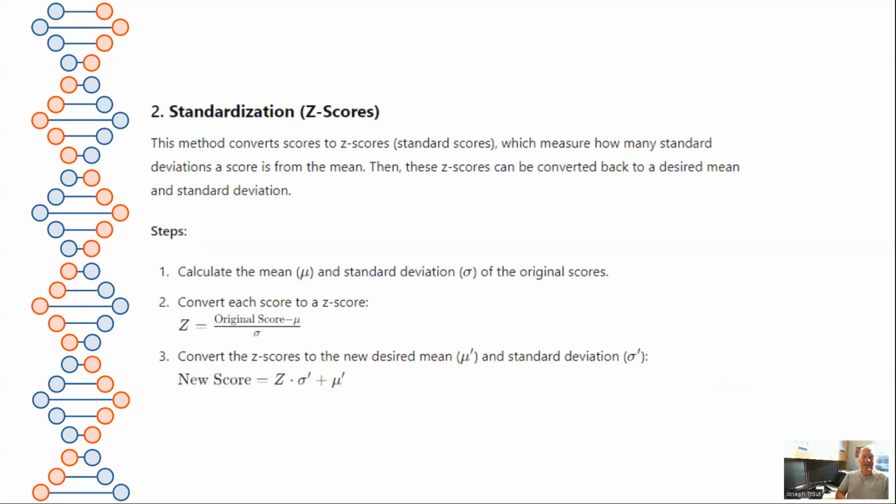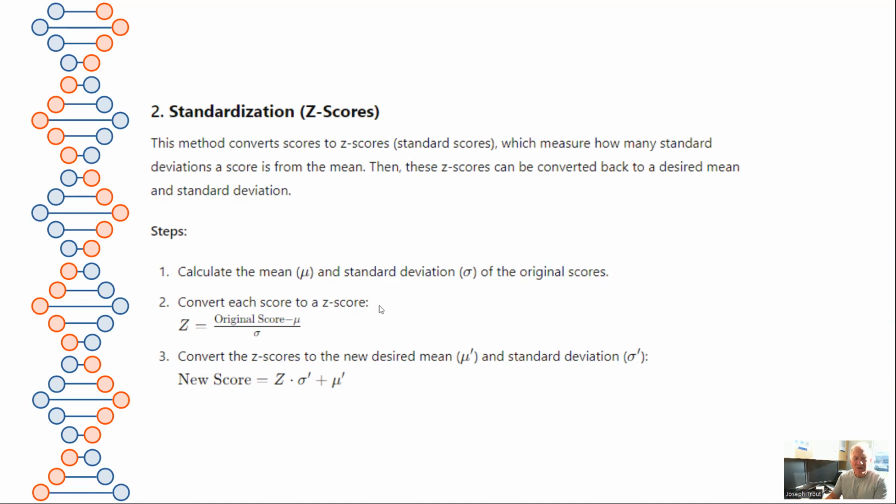There's also standardization, or z-scores. In this method, you convert scores to z-scores, or standard scores, which measure how many standard deviations a score is from the mean. And then you take these z-scores and convert them back into a desired mean and standard deviation. So first, you calculate the mean, which is the lowercase mu in this case, and the standard deviation, which is the lowercase sigma.